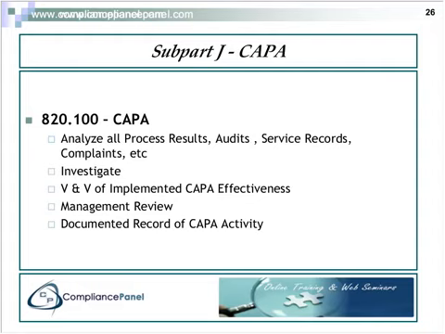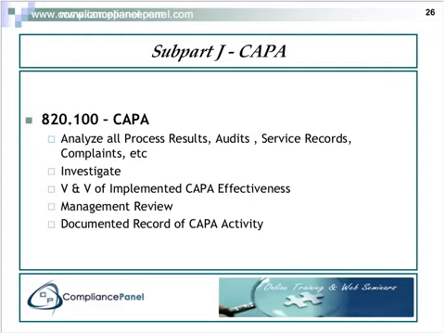Under the CAPA, there's the requirement to analyze all process results, audits, service records, complaints, etc., to see where you can improve the product, or even identify where the product is not safe and effective where it was supposed to be. So there has to be an investigation made.